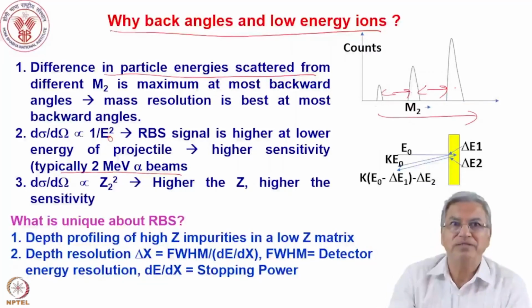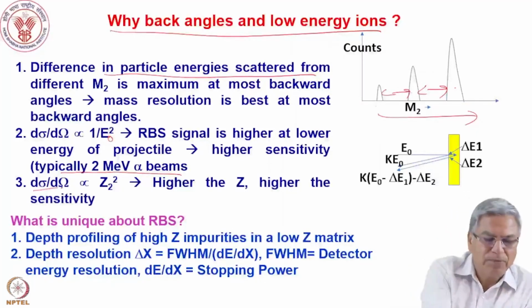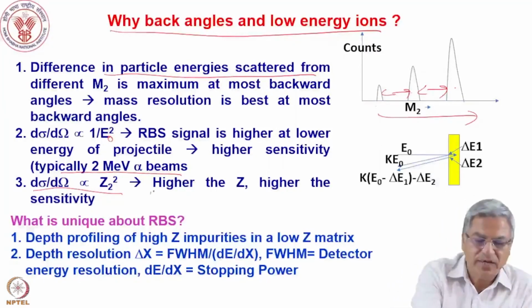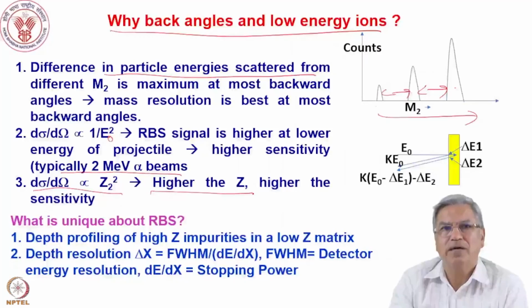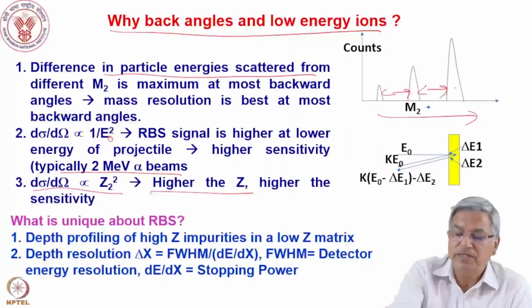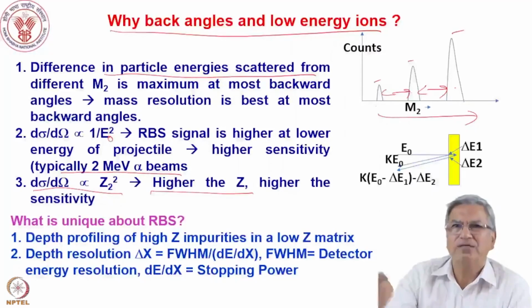Secondly, as I mentioned, the cross sections are proportional to Z square. d sigma by d omega is proportional to Z square of the target elements, and so the higher the atomic number of the nucleus we are going to investigate, the higher the sensitivity, because you will get more events. You can see here the lower Z, medium, higher Z, and still higher Z. So the higher the Z, the higher the counts you will get.